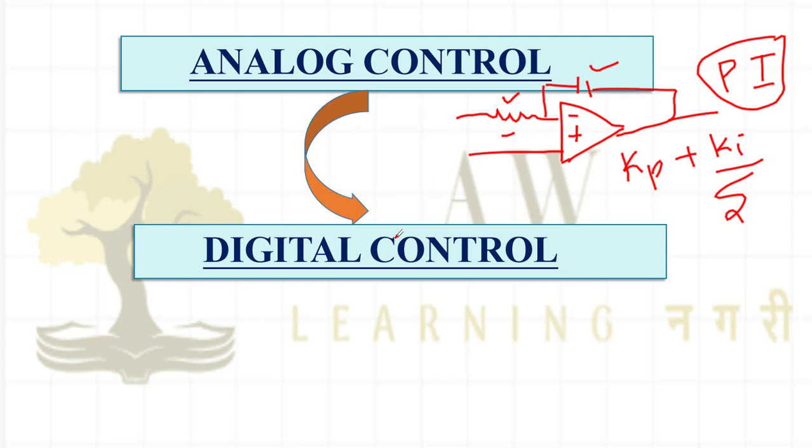But when you go for digital control implementation, you don't have to do all this. You will buy one microcontroller or chip and just program it, and once you program it, you can use it. And if you want to change it, you just have to change your program, just change the number, and you will change your controller. So that is the thing we have to look for.